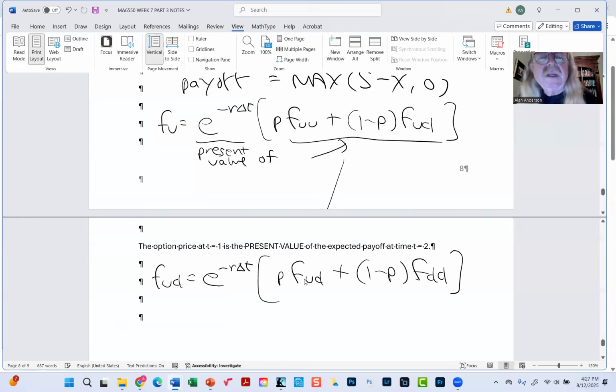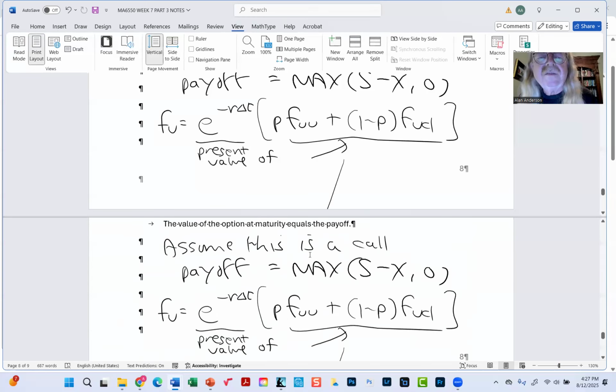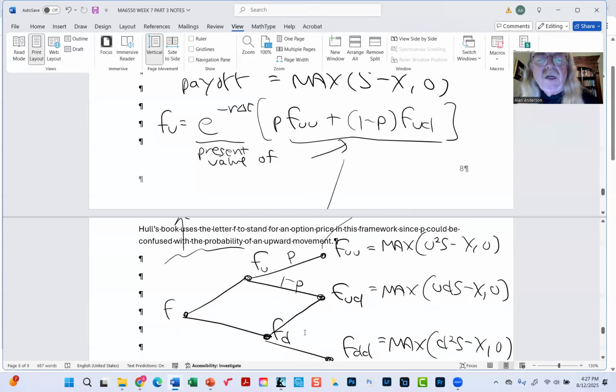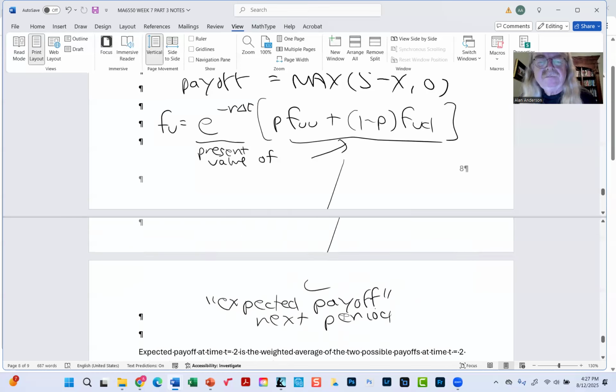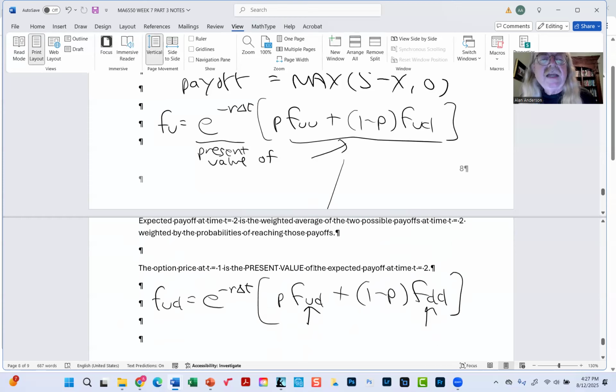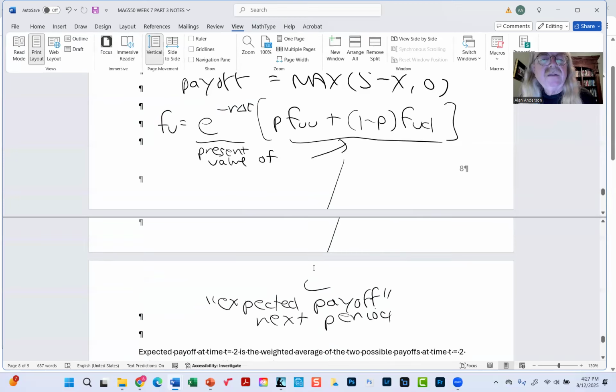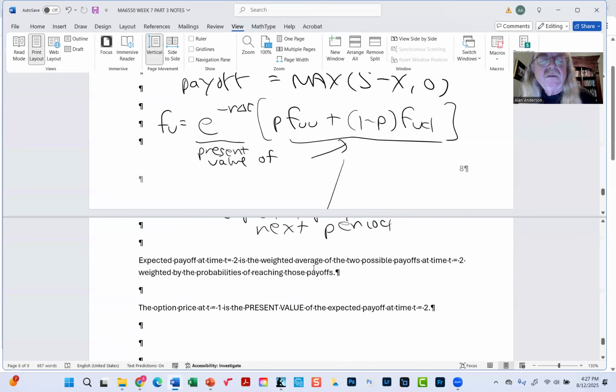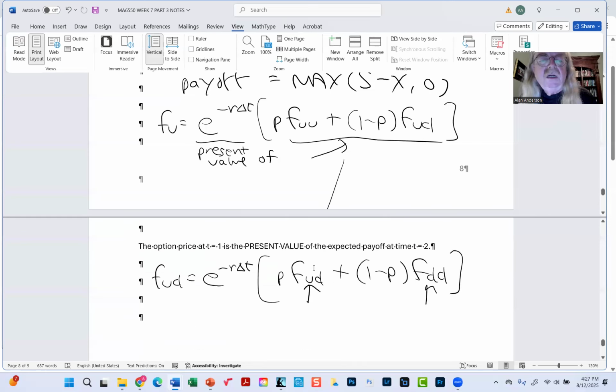So you notice what's different is that the nodes that we can reach next period are, if we're already at F_D, we can only go up to F_UD or down to F_DD. And that implies that the price today, oh, I'm sorry, I just realized I made a mistake.